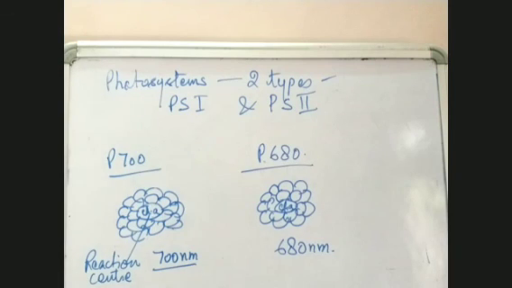Now, the accessory pigments, when they absorb energy, pass it to chlorophyll A. Chlorophyll A itself also absorbs energy. A pair of electrons in chlorophyll A gets excited and jumps out of its shell. In natural conditions, this excited electron is accepted by the primary electron acceptor.